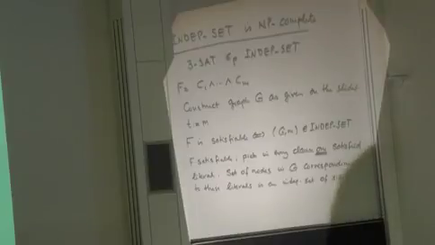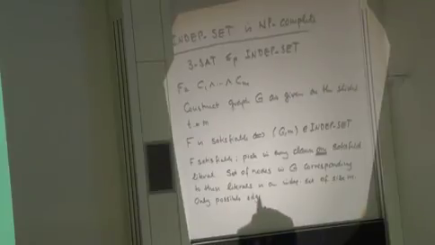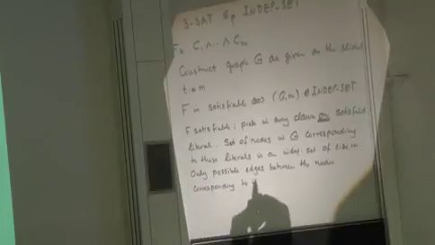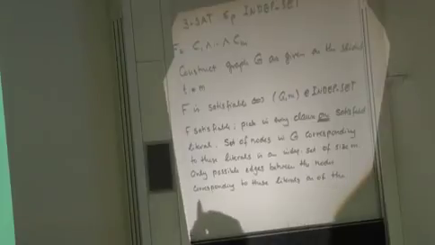So the only possible edges between the nodes corresponding to these literals are of the form literal connected to its negation, but such edges don't exist since either lambda or lambda bar is true.